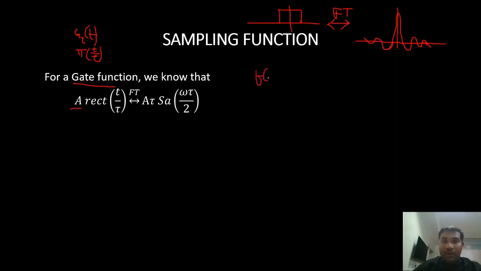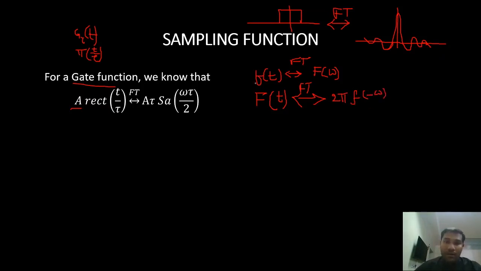If small f of t has Fourier transform capital F of omega, then capital F of t has Fourier transform 2 pi into small f of minus omega.